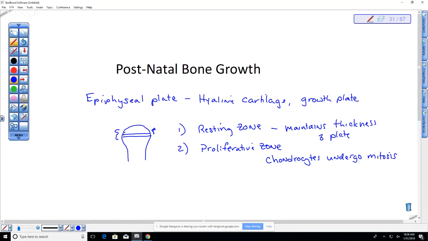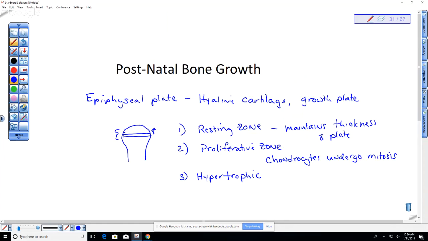And so then from the proliferative zone, we have what is called the hypertrophic zone. So hyper means increased, and troph actually means feeding. And so this is where the spaces that the chondrocytes live in actually get larger.